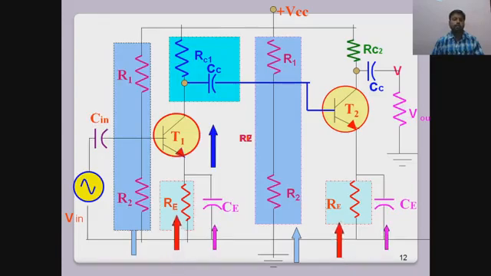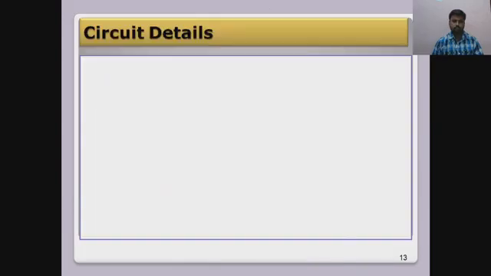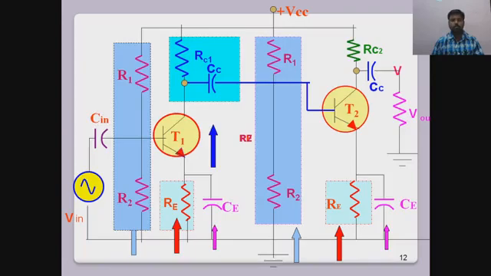RE is to provide the temperature stabilization in both the first stage and second stage. So RE is called the emitter resistor, used to provide temperature stabilization. This is all about the component explanation of the RC coupled amplifier.